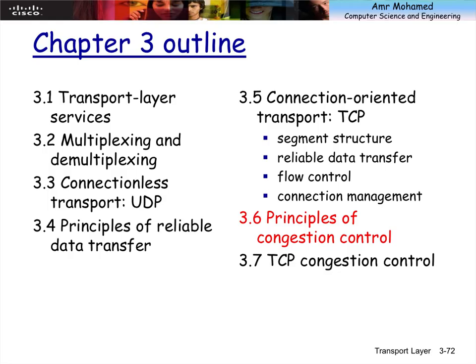We have visibility to the receiver, right? Because we are in the same layer, and I know the buffer size at the receiver, and I can easily control the transmission rate based on the receiver buffer. But the network, I don't know.